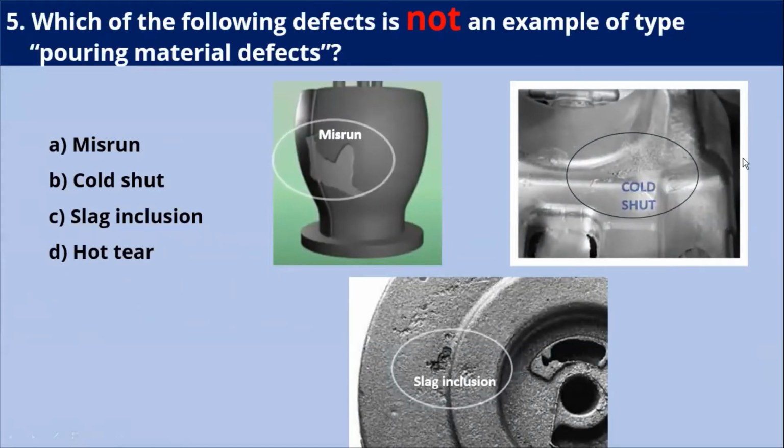The cold shut is caused when two metal streams, while meeting in the mold cavity, do not fuse together properly. And third, the slag inclusion is caused when the molten metal containing slag particles is poured into the mold cavities. It means that ultimately our answer is hot tear, because hot tear is not a pouring material defect, and that's why our answer is hot tear.